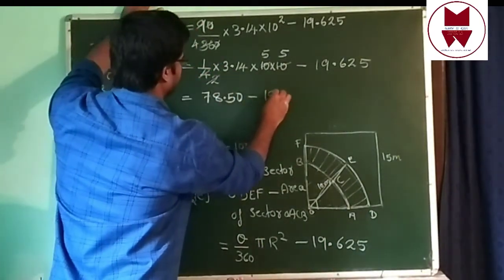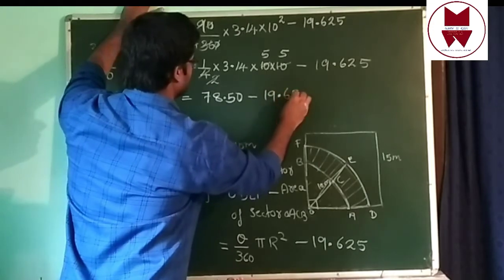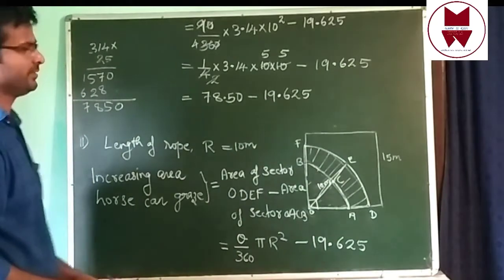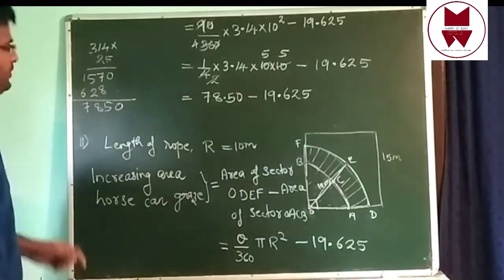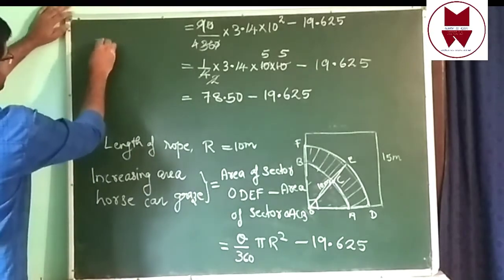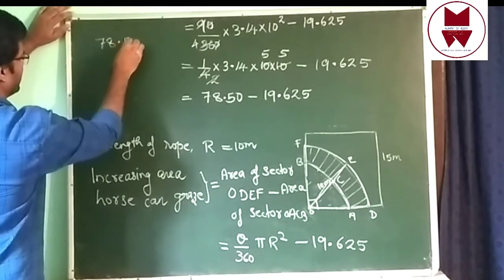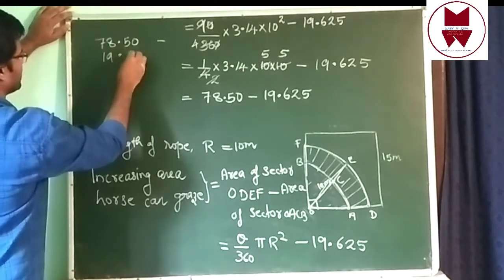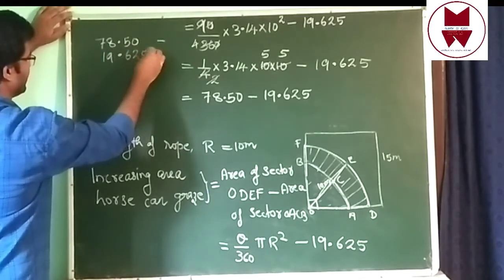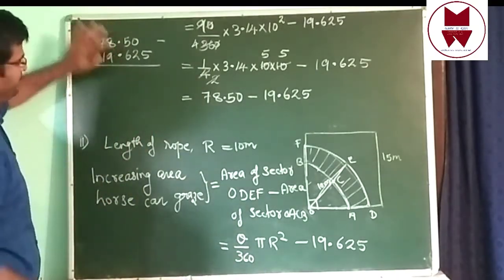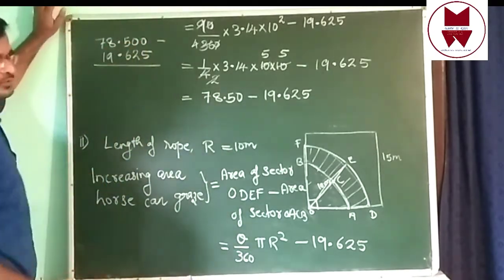Minus 19.625. So 78.50 minus 19.625. You can subtract that. When you subtract, the point should be at the same level. Here just add a 0 for subtracting.